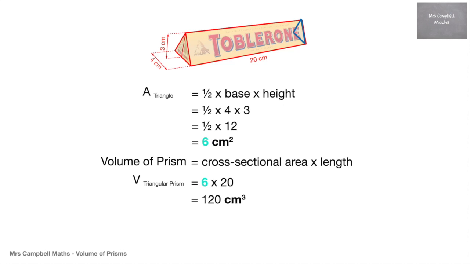And it's a volume. So it's 6 times 20, 120 cubic centimetres. Remember, that's the space inside that Toblerone. The volume is the space inside the 3D shape. And in a prism, first of all, identify the cross-sectional area, find that area, and then to get the volume of the prism, it's the cross-sectional area times the length.